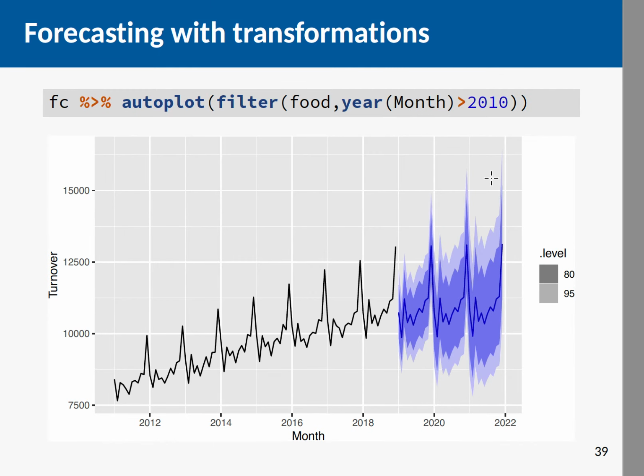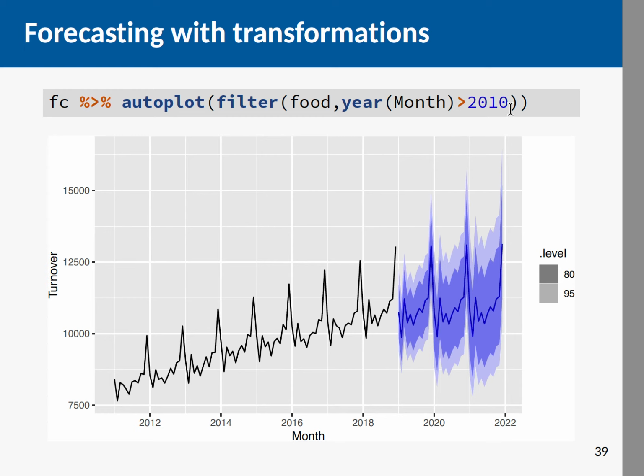So we can plot the forecast. We can plot the forecast using the variable that we created here, FC, which contains our forecast, and using the autoplot function on food. You don't have to do this, but here the restriction is that we're going to focus on the more recent data. And so we produced forecast out into the future.